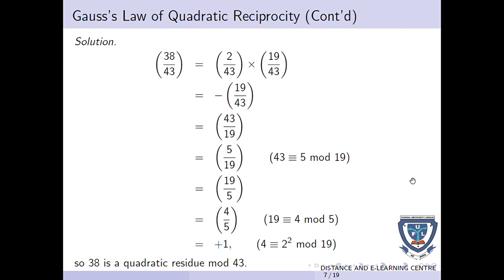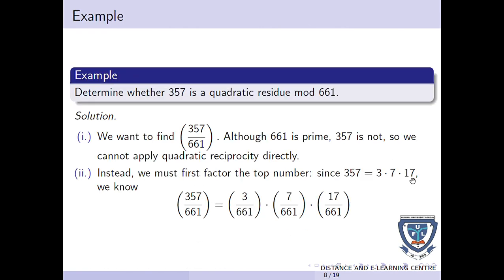So that is how we got minus 19 over 43. And simplifying further, you are going to have 1. You conclude, therefore, that since the evaluation gives us 1, 38 is a quadratic residue modulo 43. That is the conclusion there.